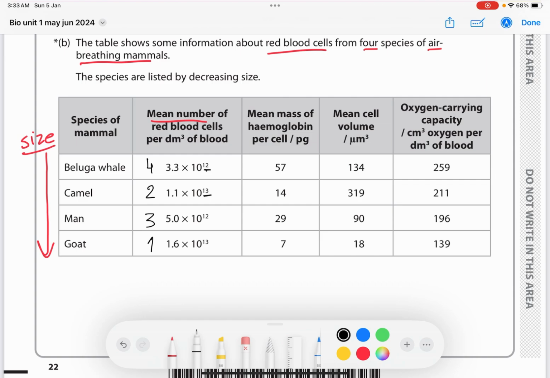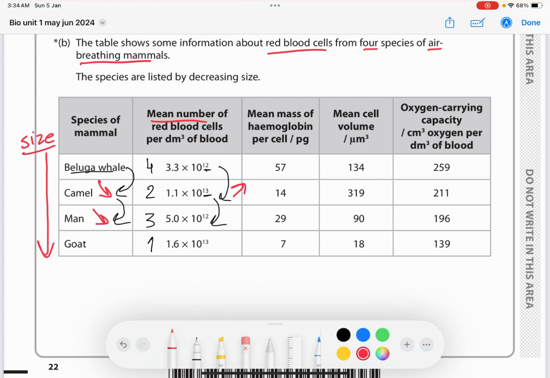Now, as you can see, the beluga whale, which is the largest one, is at 3.3 times 10 to the power 12. Now we're moving on to a mammal which is smaller in size. However, over here it's decreasing, and here it's increasing. Let me write that in red. Now let's compare this one to this one.